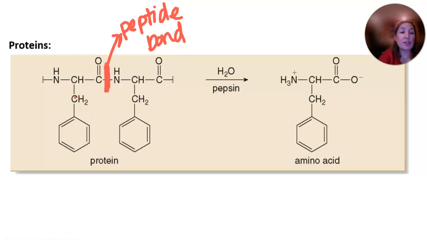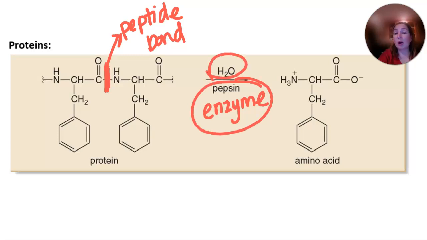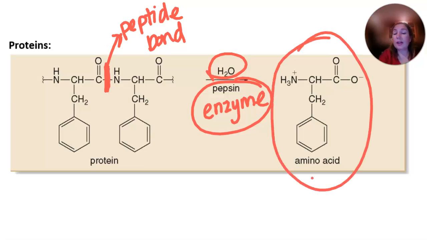The side chain for each of these is CH2, and then a benzene ring. But the point is that we use an enzyme. Here we've got pepsin, an enzyme, and we've got water for our hydrolysis to break down our protein into its individual amino acids. So we've got our individual amino acids all ready for stage 2 specific to proteins.